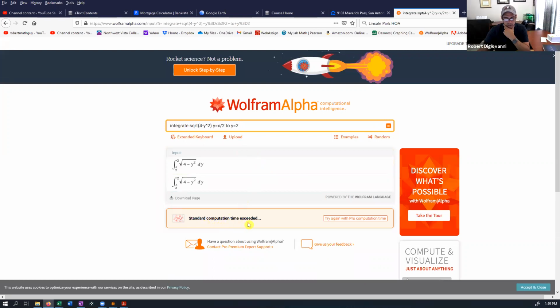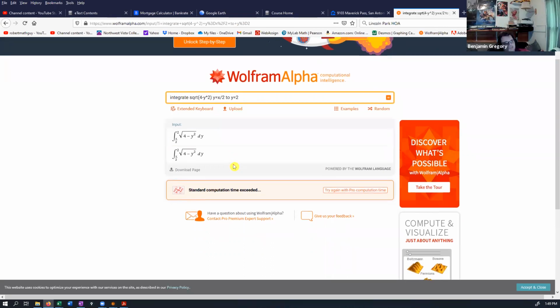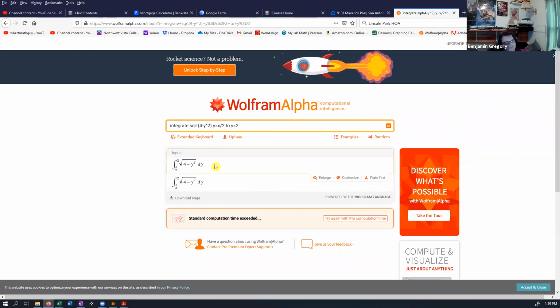Standard computation time exceeded. It's having trouble with even the inner integral. I guess I have to be pro to do this. Standard computation time is 1 second.